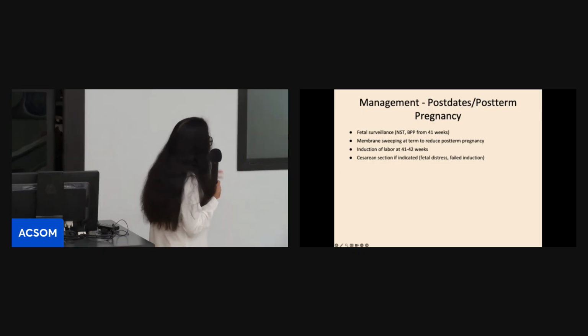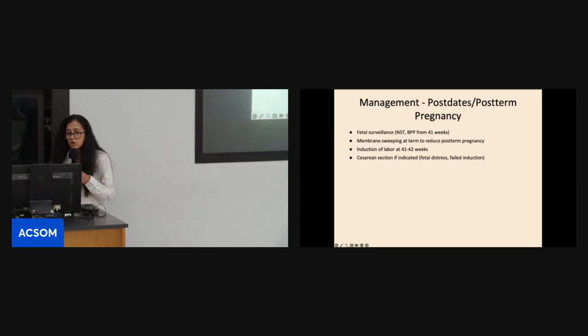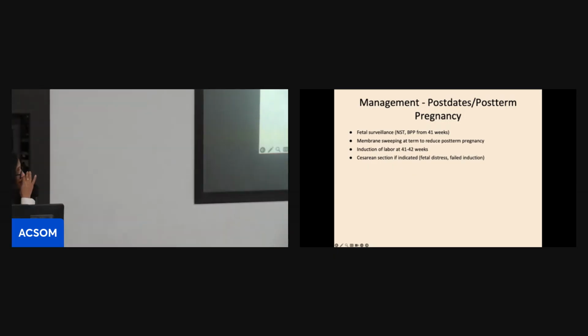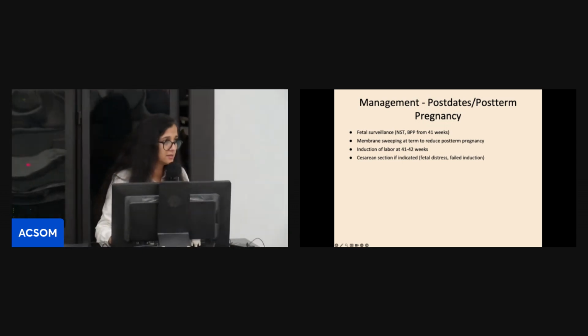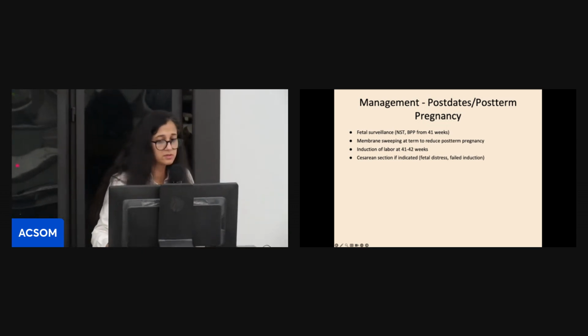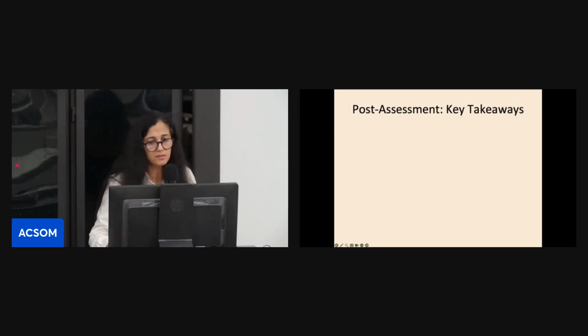So we'll look at that tomorrow, but if you have a postdates or post-term fetus with a biophysical profile score that doesn't have any attempts at breathing or tone, then that's a pretty big indication that that baby needs to come out.